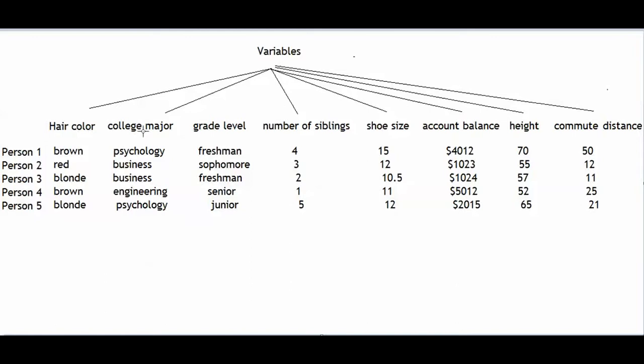College major is a variable because different people have different college majors. Grade level is a variable because different people have different grade levels. Number of siblings is a variable because different people have different numbers of siblings. Shoe size, account balance, height, and commute distance are also variables because not everyone has the same shoe size, not everyone has the same account balance, not everyone has the same height, and not everyone has the same commute distance.